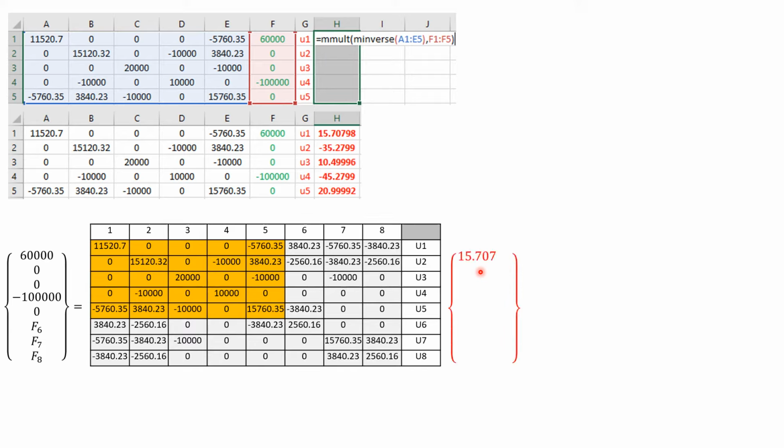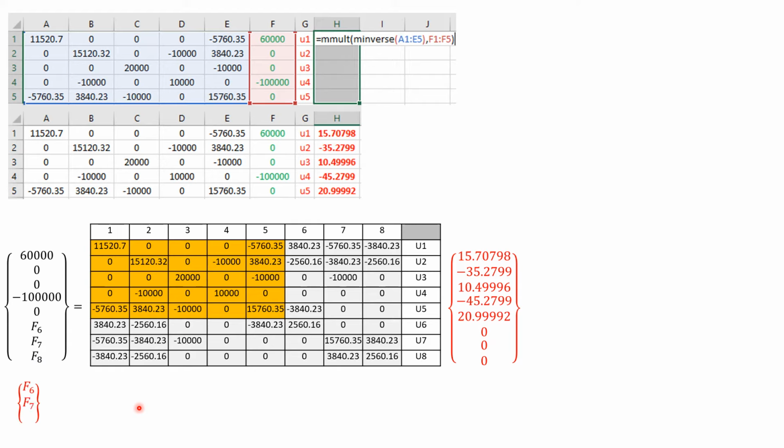So 3840.23 times 15.70798 plus negative 2560.16 times negative 35.2799. Then 0 plus 0, then negative 3840.23 times 20.99992. The rest is 0, so compute that.